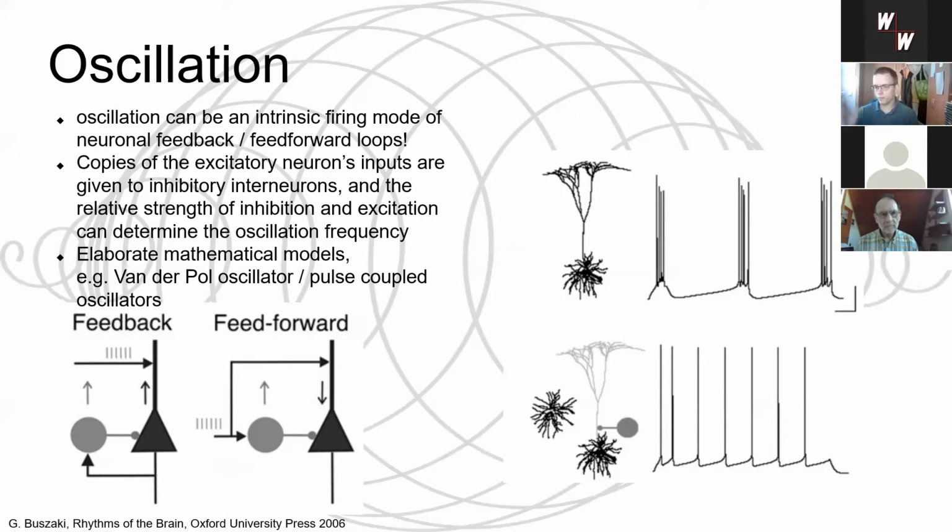So it would fire 4 or 5 times, then there's a break, and then it would fire again 4 or 5 times. And then in the bottom panel, you add an inhibitory feedback to the model. And even though the neuron still gets the same inputs, all of a sudden it has turned this burst firing into oscillatory firing.